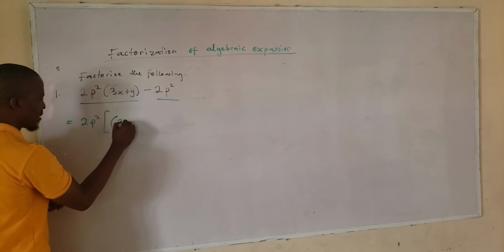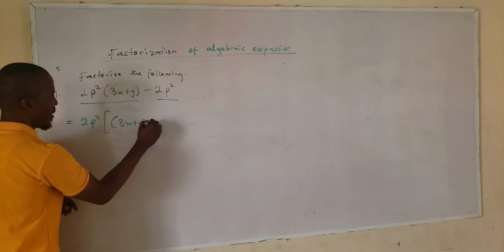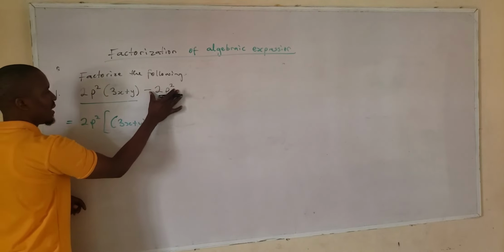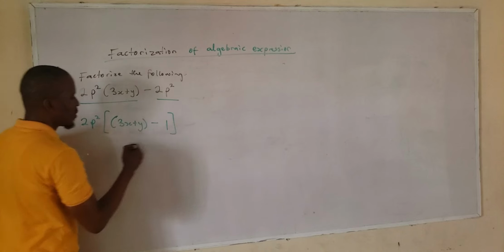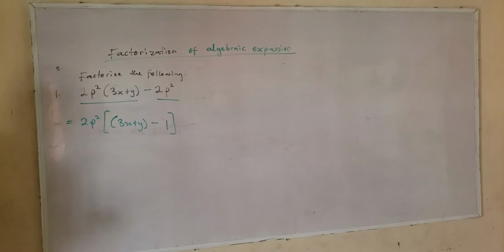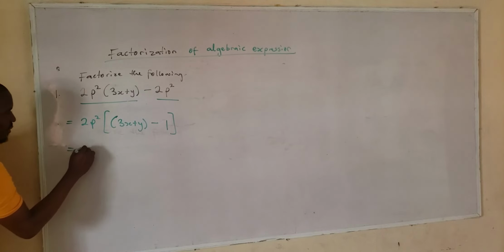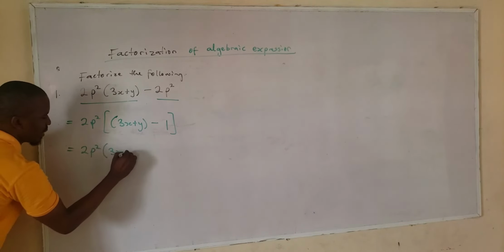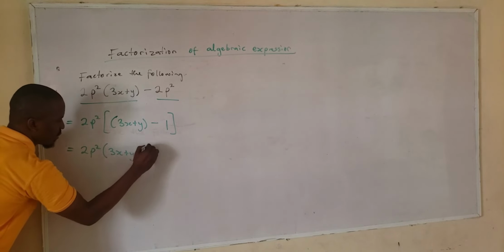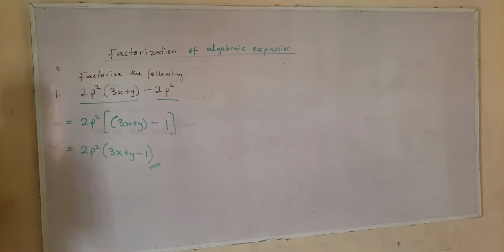So you write it out, 3s plus y minus, the whole of this divided by this, you have just one remaining. So with this, you can now open the little bracket inside the bigger bracket. That will give you 2p squared into 3s plus y minus 1. So that's our answer for that.